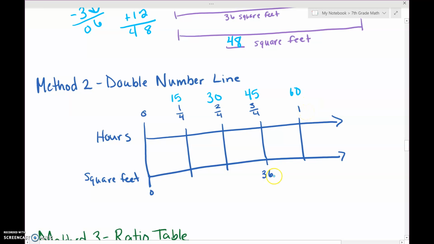So now square feet, how much did we say before that each section had to be? Was 12 feet. So 12, 24, 36, 48. So how many feet are at 1 hour? So 48 feet, which is right here, to 1 hour is our unit rate here.